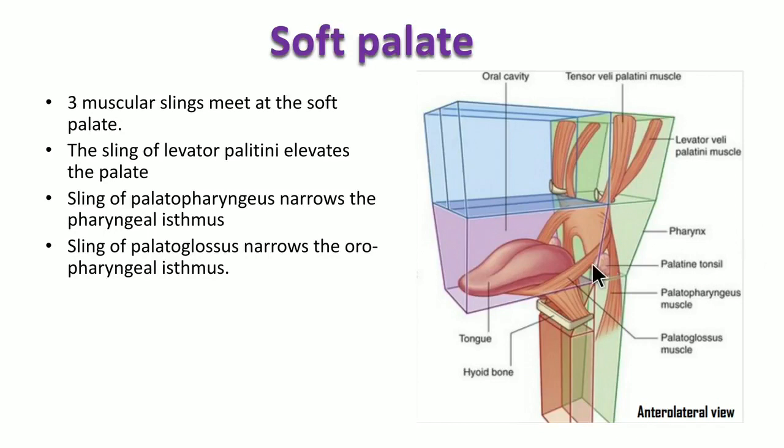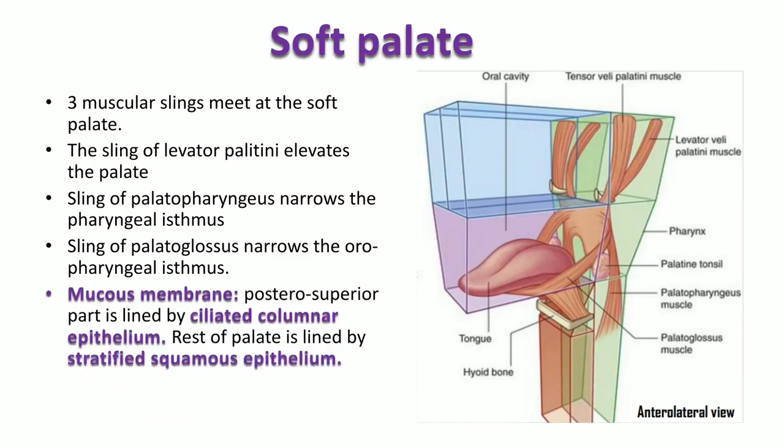Now, the place where the soft palate touches the Passavant's ridge is also the place where there is a mucosal transition. So I will come to the mucous membrane. The lining membrane on either side, whether the inferior surface or the superior surface, is mucous membrane, lined by stratified squamous non-keratinized epithelium on the inferior surface and also on the posterior part of the superior surface.